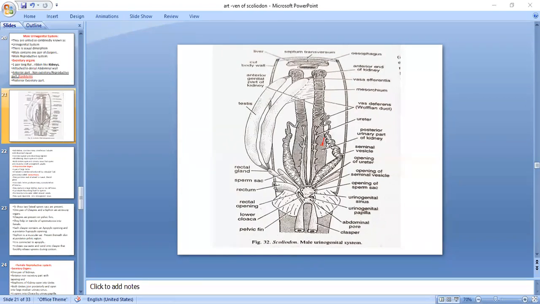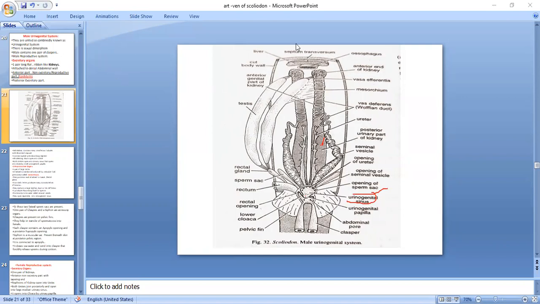The collecting ducts of all the nephrons open into a ureter on each side. Both ureters move downward and open into a urinogenital sinus, which opens into the cloaca by a urinogenital papilla. So that is about the excretory system.